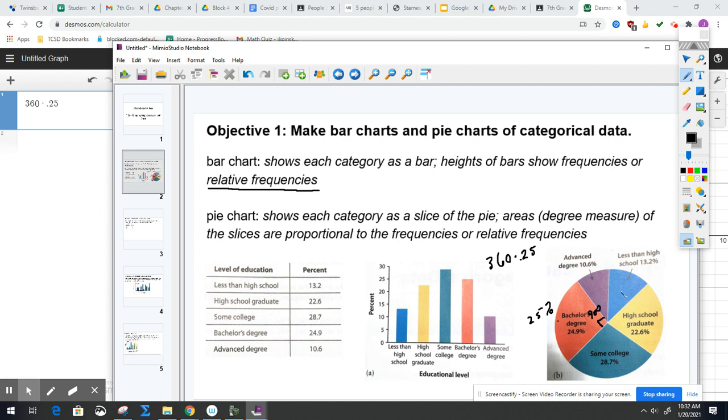Same thing with this one. We just wouldn't use 24.9%. We would use 28.7% to find this angle.